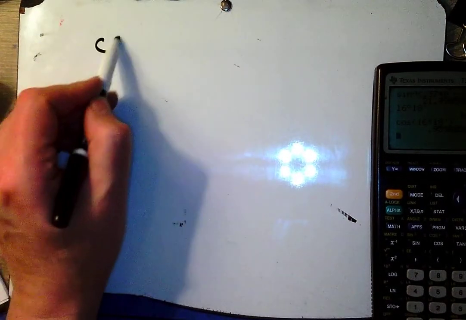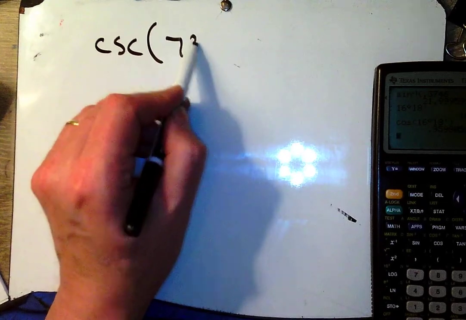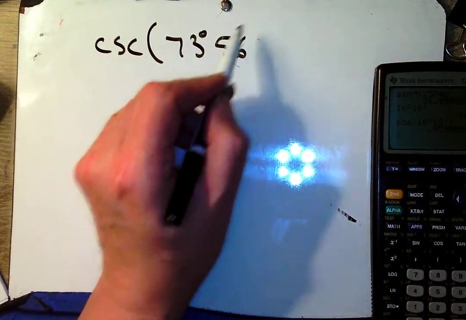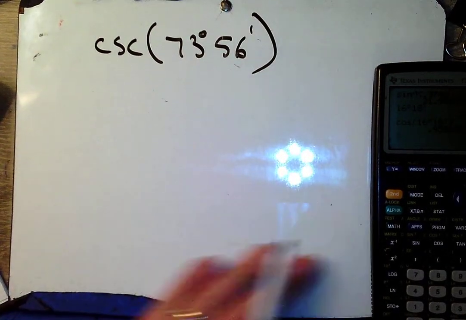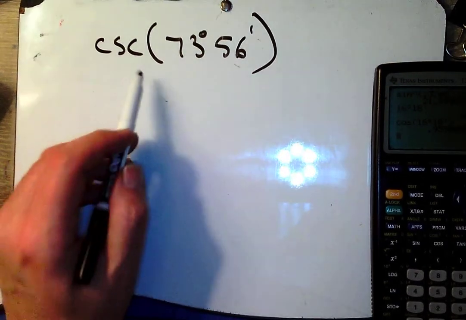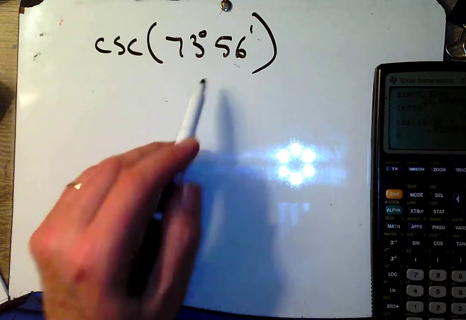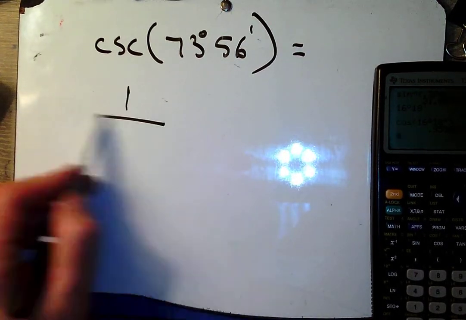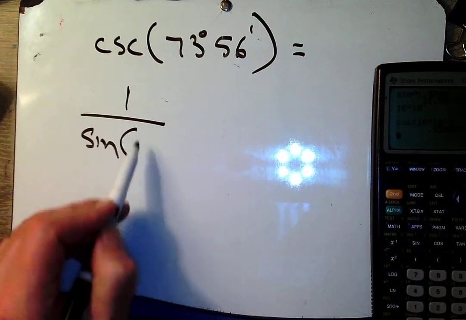So how are we going to figure this out? Cosecant, 73 degrees, 56 minutes. How do we do that? Any thoughts? Well, I remember that cosecant is the same as 1 over sine.